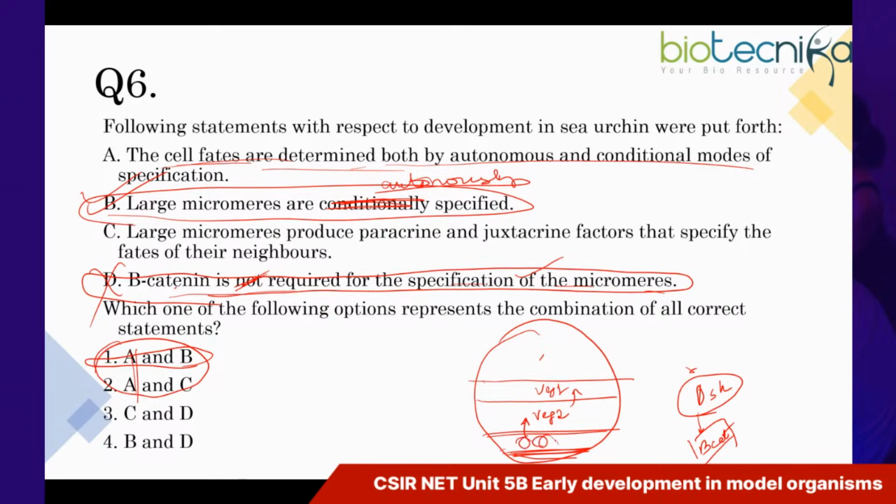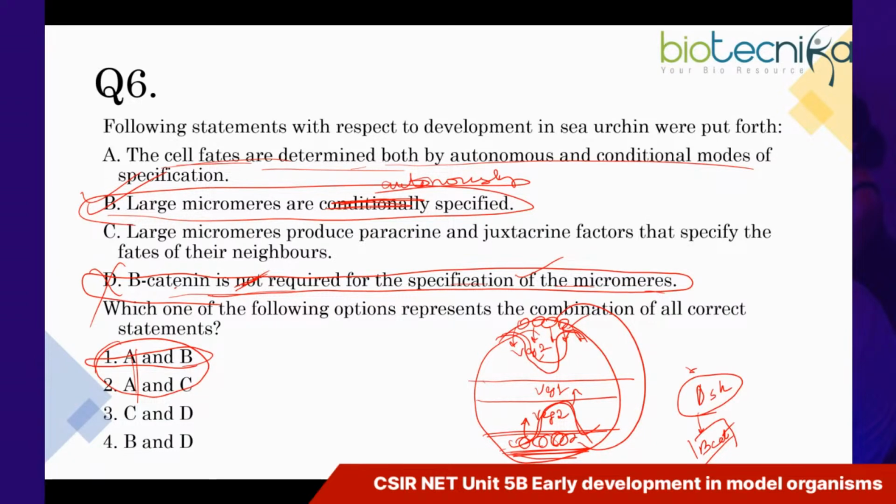That's why, when you take micromeres and transplant them into the animal pole, there also the micromeres will tell the cells lying next to them to form the wedge 2 layer. So from here also gastrulation will start. Because micromeres themselves get autonomously specified, and then they will conditionally specify the other cells to form the other types.